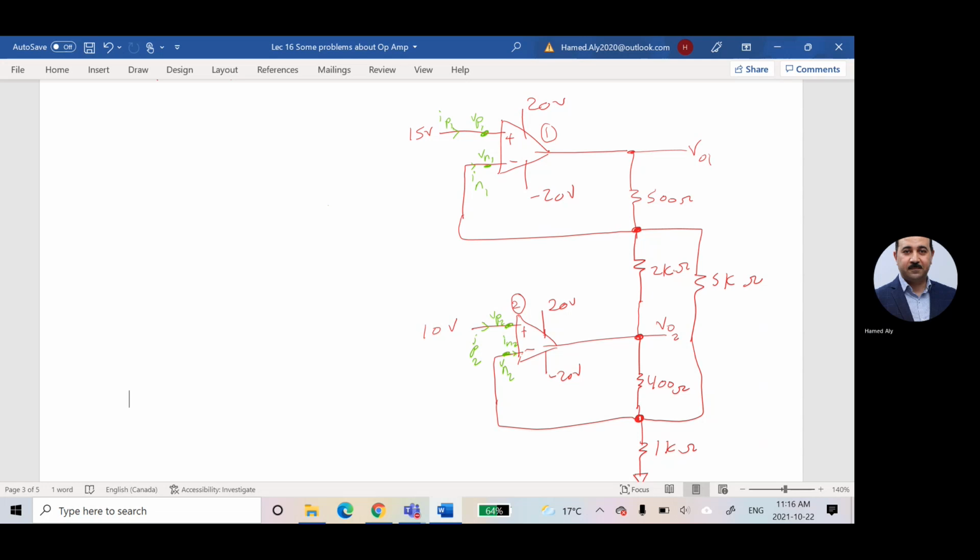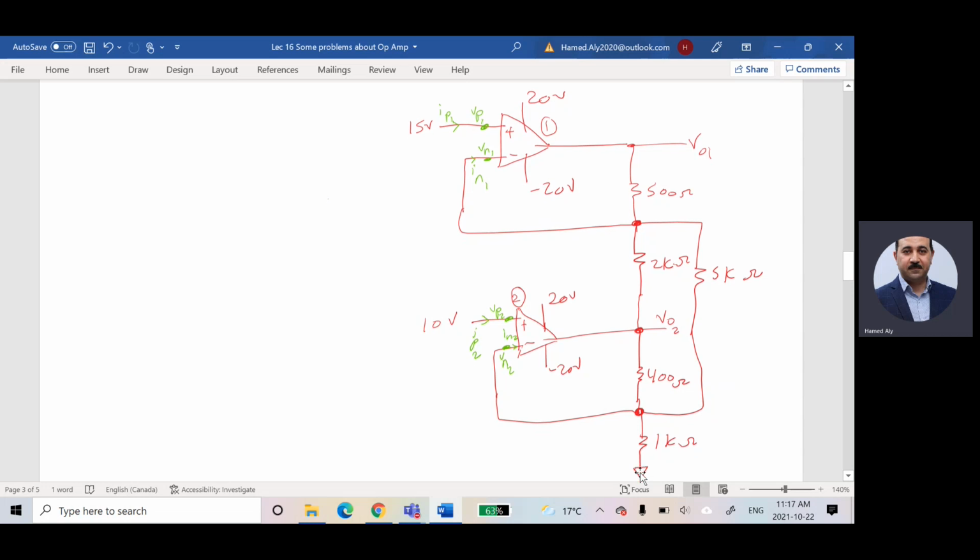Now, what is VP1? Yes, VP1 is equal to 15 volts. He defined the voltage for that node as 15. This is not an open circuit. The voltage from that guy to that point is 15. It's not open. The voltage from that point to that point is 10.